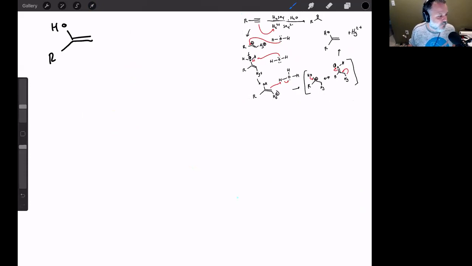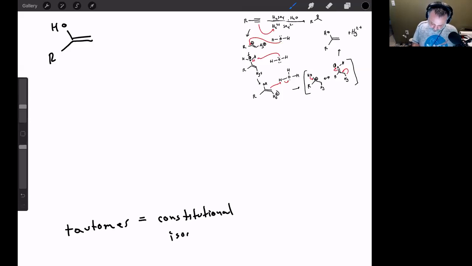A tautomer is a constitutional isomer formed by migration of one hydrogen.